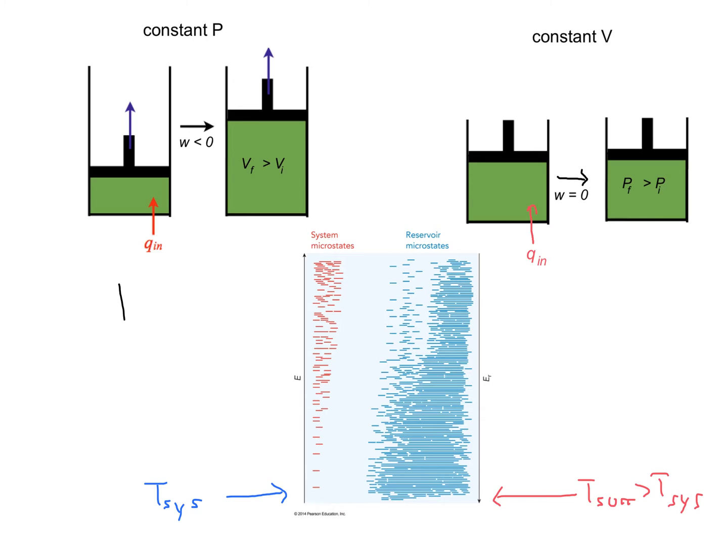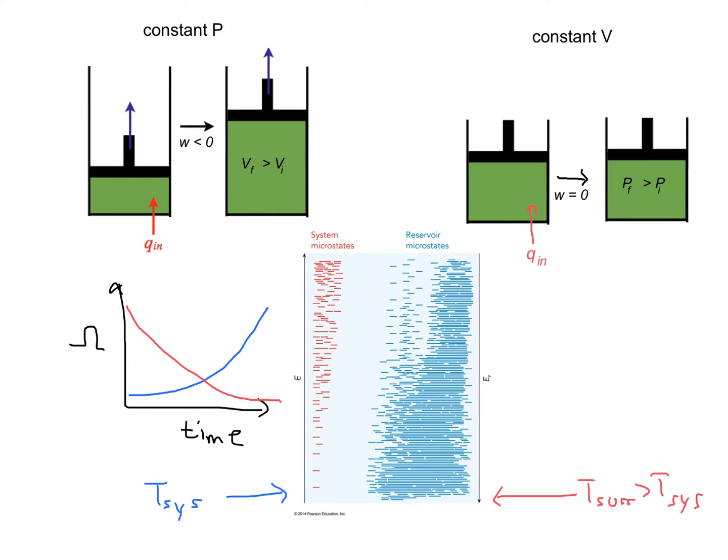So if we look at how the number of microstates changes as the process occurs, the system will start with a small number of microstates, and as the system's temperature increases, the number of microstates will increase. On the other hand, the surroundings starts with a large number of microstates at a higher temperature, and as its temperature decreases, the number of microstates will decrease.